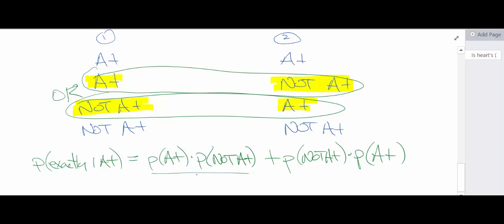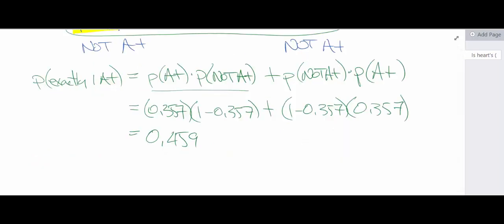That gives us this first combo. Or, so we put a plus sign, American 1 is not A plus, and so multiply American 2 is A plus. Well, now I'm going to get the numbers. So there's a 0.459 probability that exactly one of the two people would be blood type A plus, or 45.9%.